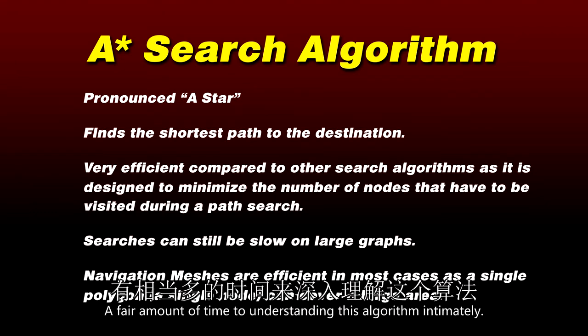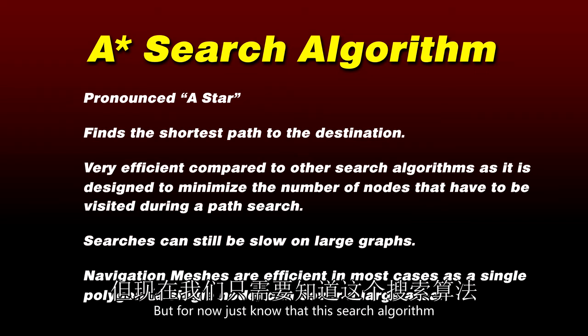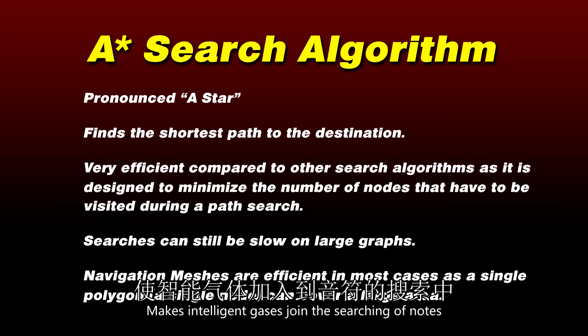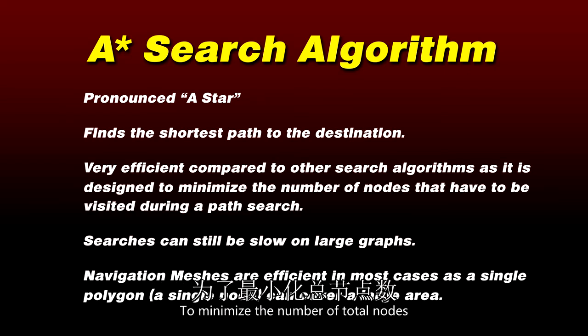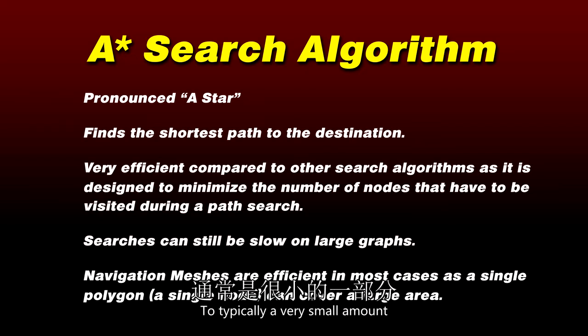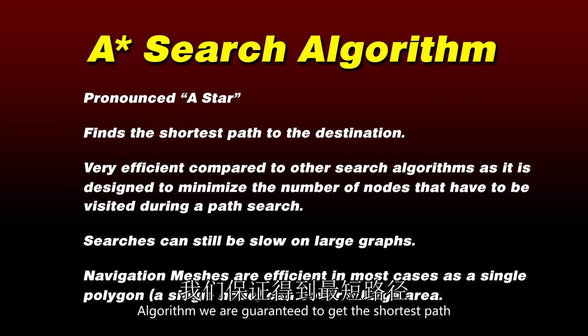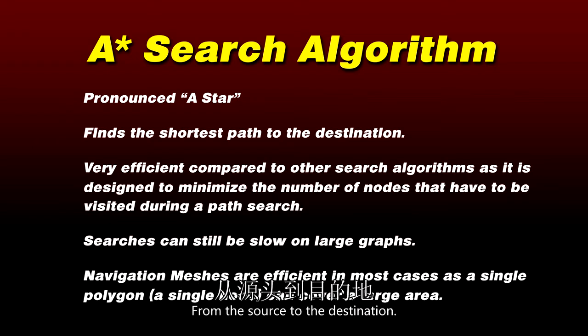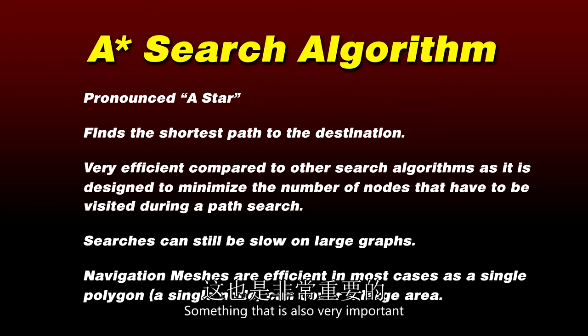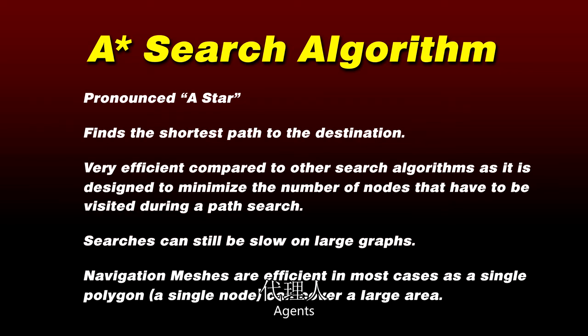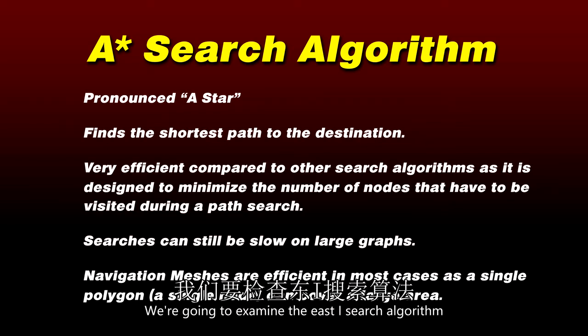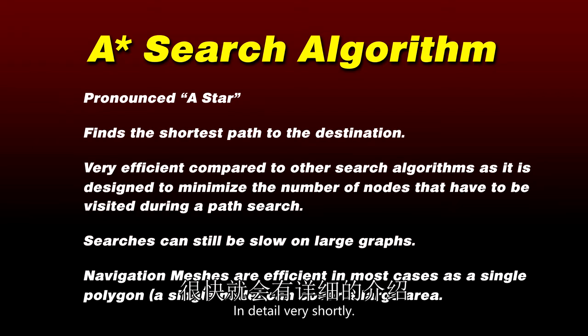We're going to dedicate a fair amount of time to understanding this algorithm intimately, but for now just know that this search algorithm makes intelligent guesses during the searching of nodes to minimize the number of total nodes that have to be visited to typically a very small amount. Also, with the A-star algorithm, we are guaranteed to get the shortest path from the source to the destination, something that is also very important if the navigation of our agents is going to look intelligent. Like I said though, we're going to examine the A-star search algorithm in detail very shortly.